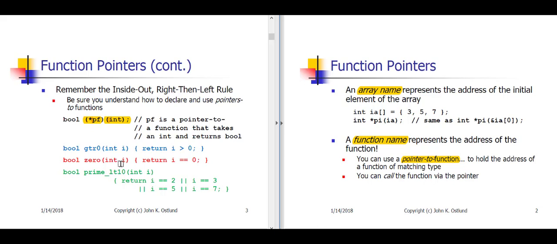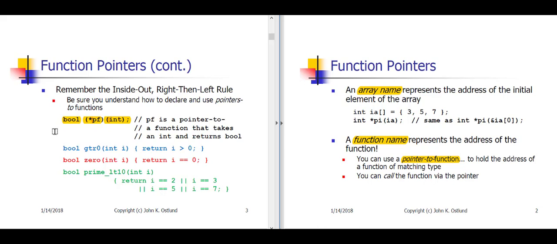And in fact, that's its only argument, because now we've hit the closing parenthesis at the end of the function argument list. And the function returns bool. Okay, so again, what that statement says is that PF is a pointer to a function that takes an int as its argument and that returns bool.